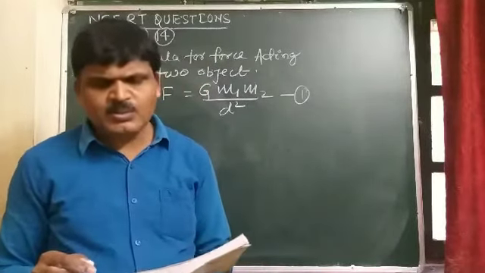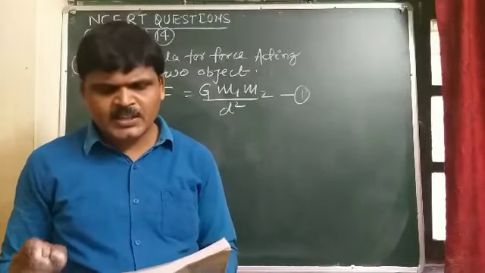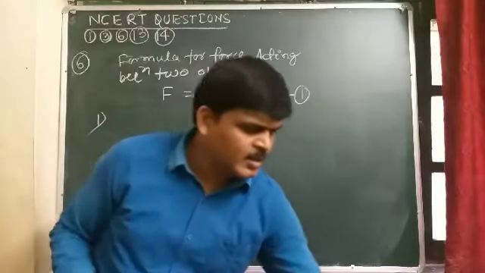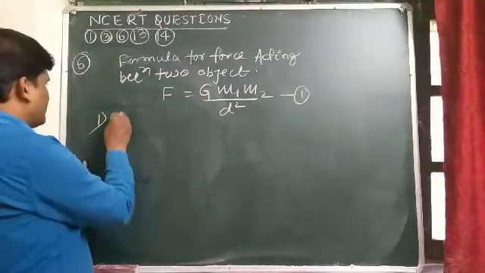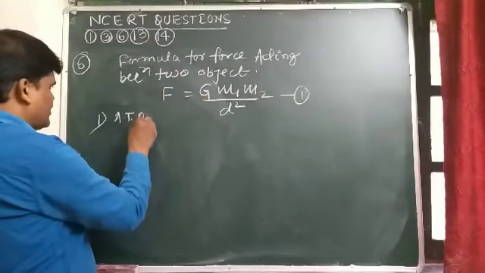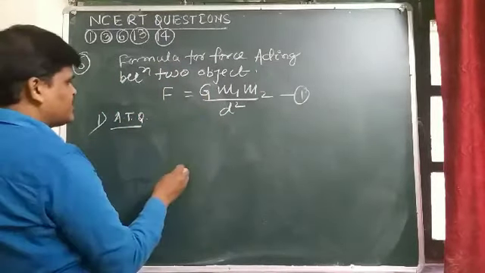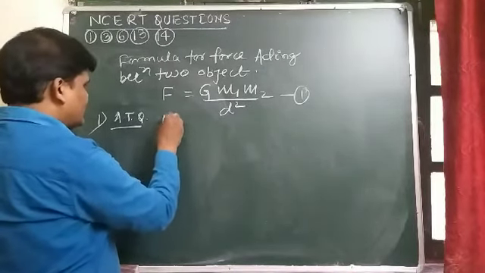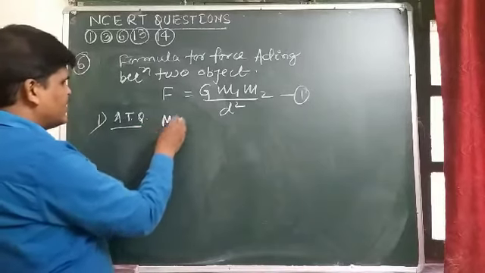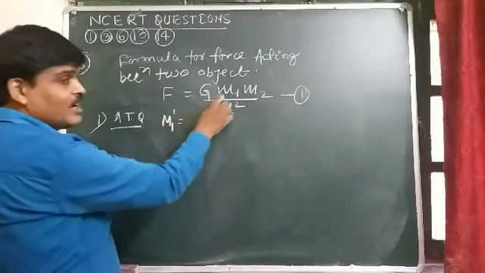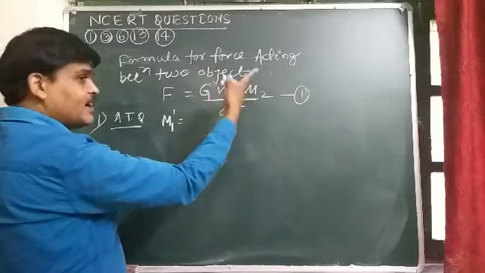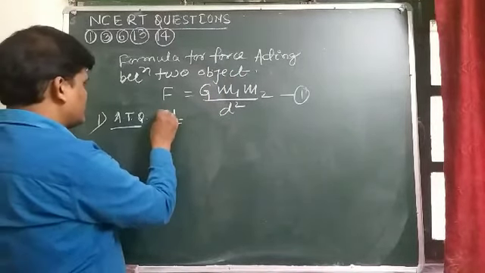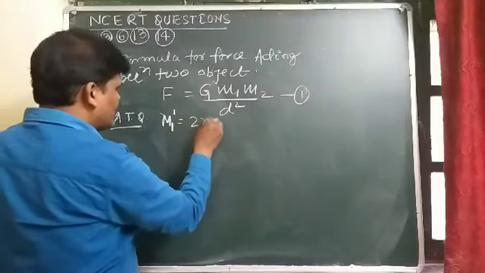What happens to the force between two objects if first the mass of one object is doubled? According to the question, the mass of one object is doubled. Suppose the new mass m1 dash comes out to be 2m1.